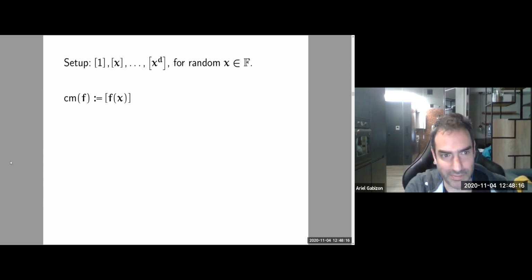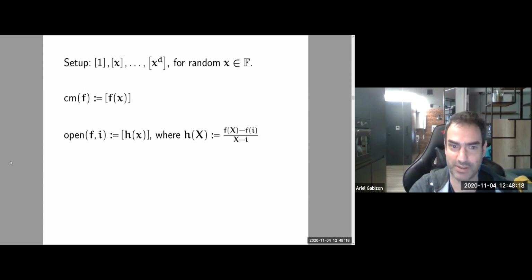Now, say I want to open f at I. Then the opening proof will be the encoding of another polynomial h of x, where h of x is this polynomial f of x minus f of I, divided by x minus I. If I look at f of x minus f of I, it's going to be 0 at I, obviously.